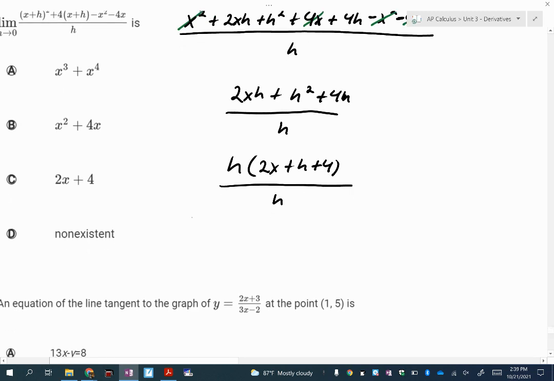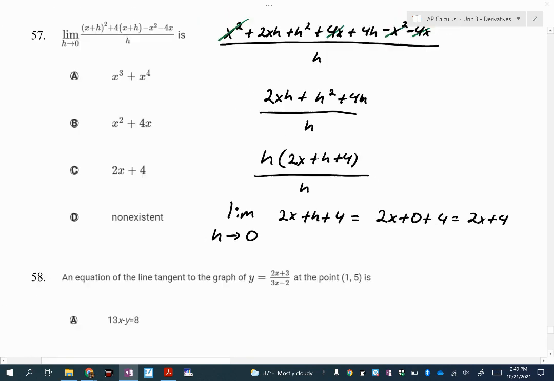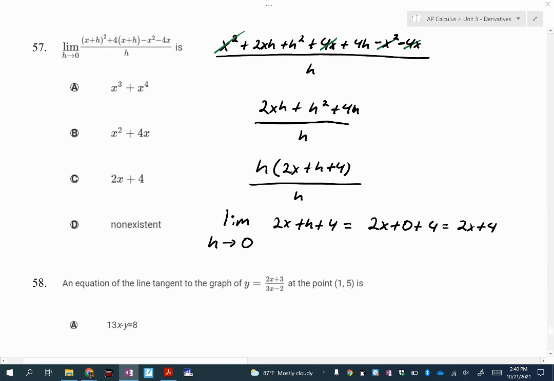And so the limit as h approaches 0 of 2x plus h plus 4, you're going to plug in 0 for h. It's 2x plus 0 plus 4, which is 2x plus 4. So this is essentially finding the derivative of a quadratic. So the answer is C.